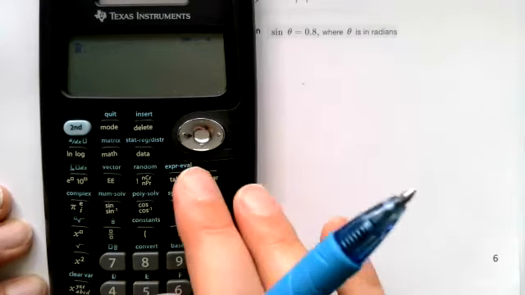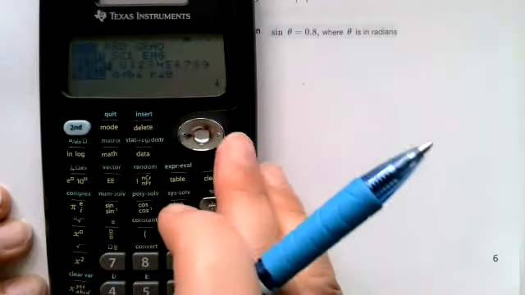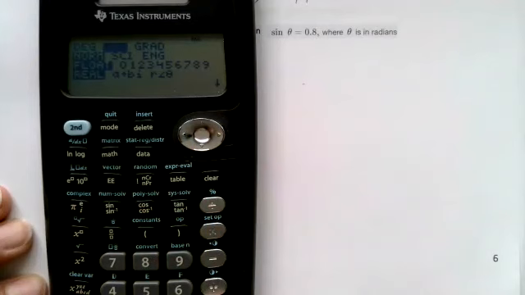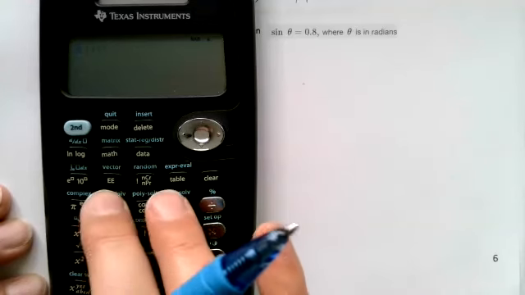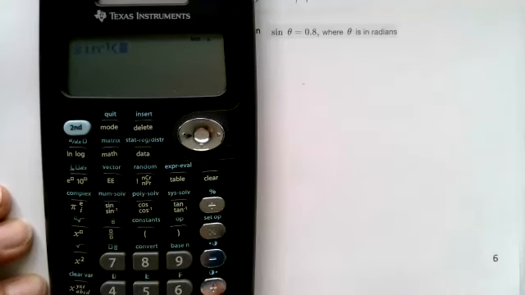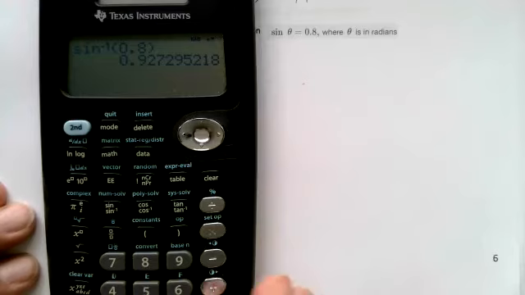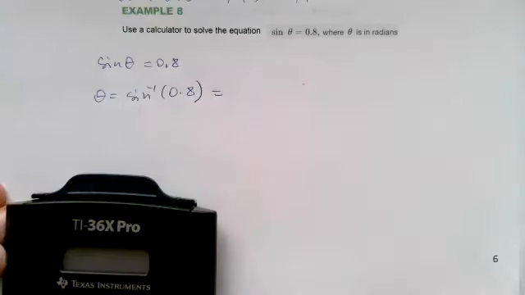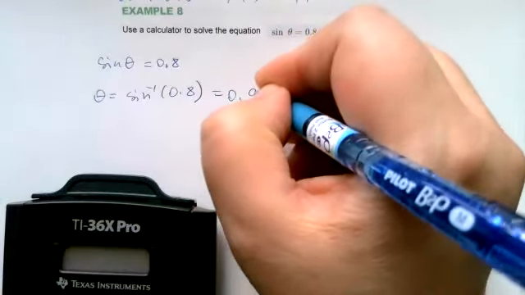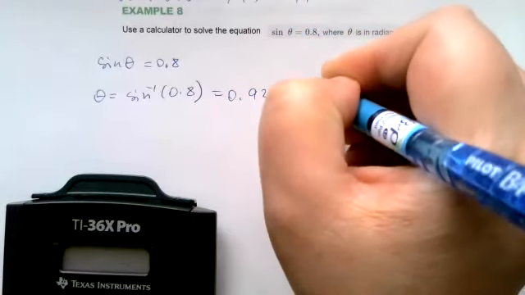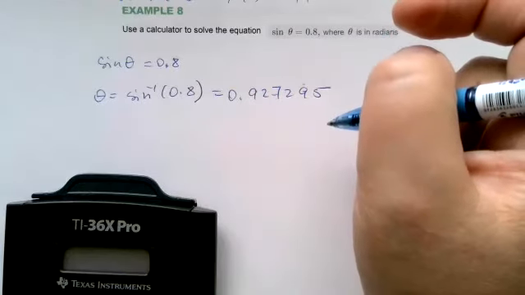You need to go to mode and make sure it's set for the appropriate units. Okay, so now we're gonna put inverse sine of 0.8, and this is what we get: 0.927295. Okay, so that's the inverse sine.